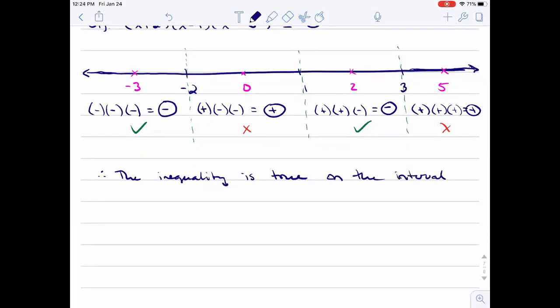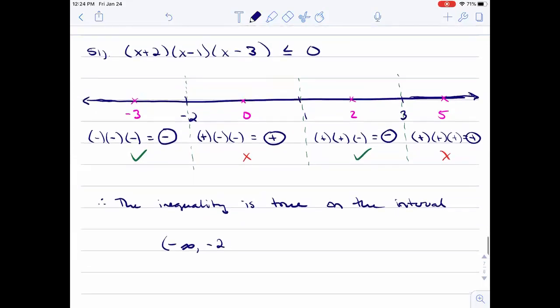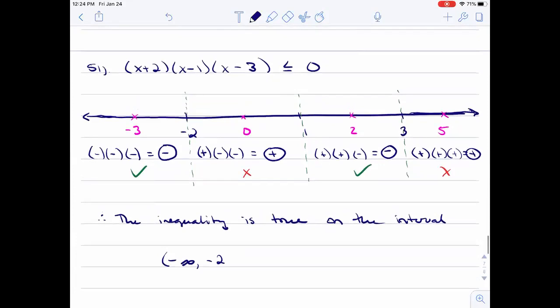If we had to rewrite this in interval notation, right, that first interval is from negative infinity up to -2. Now we need to include -2 because we want it to be less than or equal to 0.